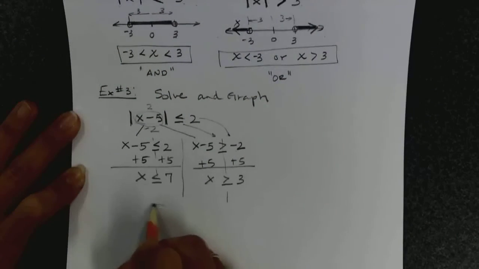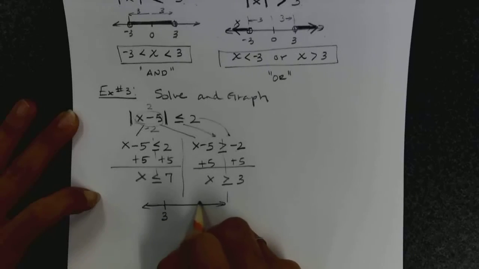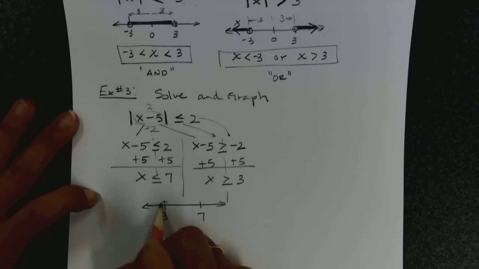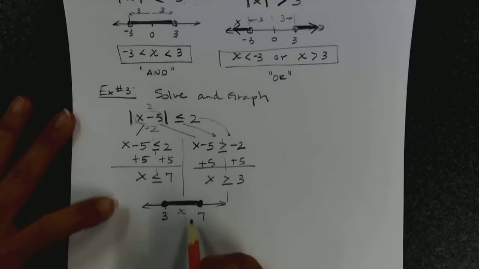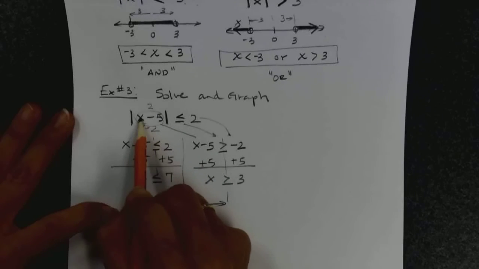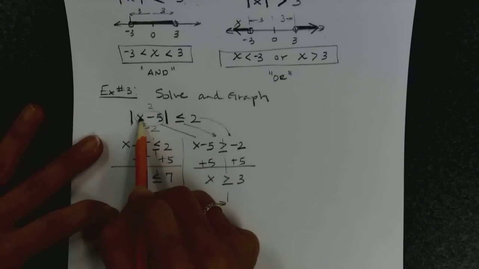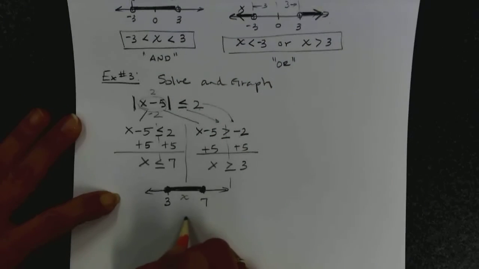So if I were to graph this on a number line, 3 and 7, x is greater than or equal to 3, so it goes this way. This one, x is less than or equal to 7. So all these numbers are the numbers that, if I plug them in, would make my distance less than or equal to 2.